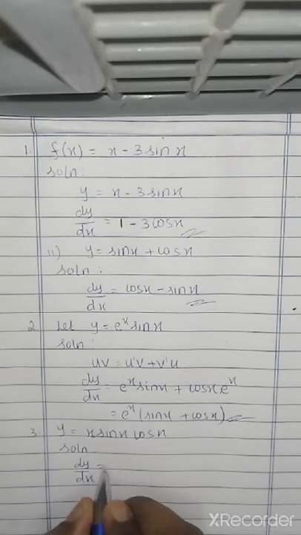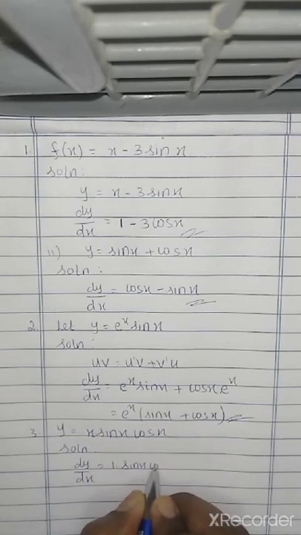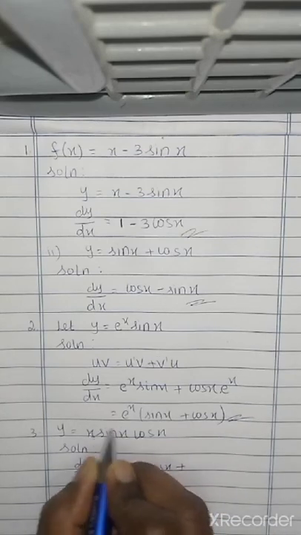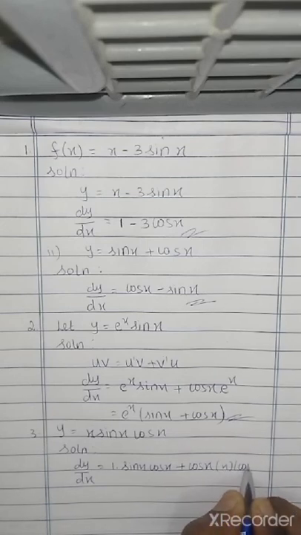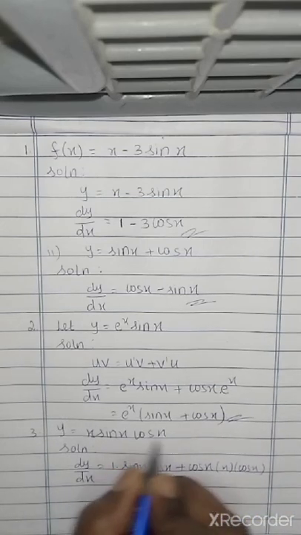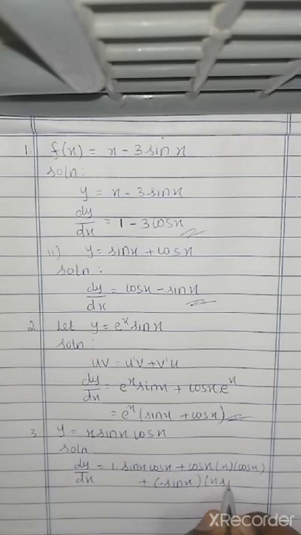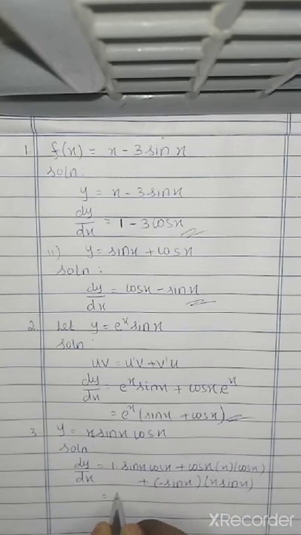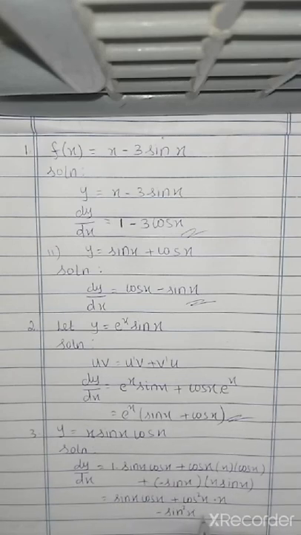First x differentiates to 1, 1 into the remaining two as they are, so sin x cos x, plus sin x differentiates to cos x, the remaining two functions as they are, plus cos x differentiates to minus sin x, the remaining two as they are, x sin x. Now we can write this as sin x cos x plus cos square x into x minus sin square x into x.